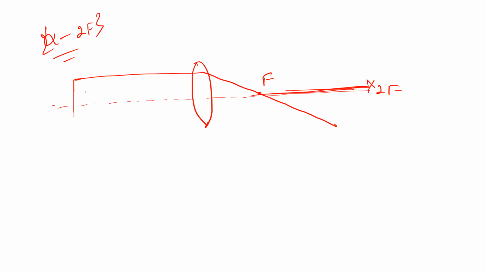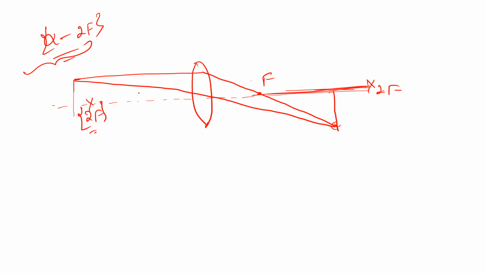Then one ray will pass through the optical center, undeviated. So the image will be formed here, between f and 2f. When the object is placed between infinite and 2f, the image will be formed between f and 2f. Got it or not?